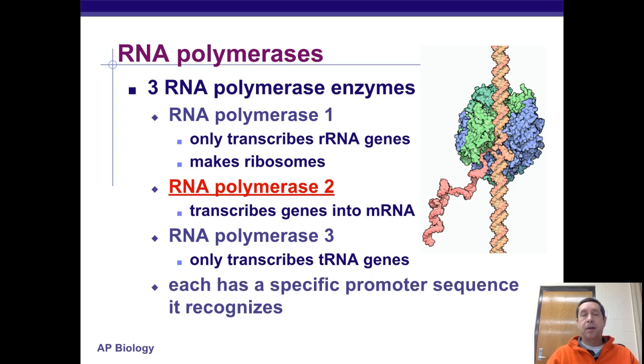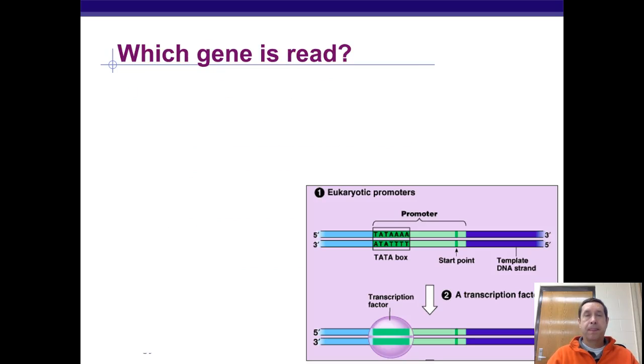Each polymerase molecule has a specific promoter sequence that it recognizes and binds to at the beginning of the genes for these particular types of RNA. So in order for the RNA polymerase to bind, there has to be a promoter region. That's at the start of the gene.